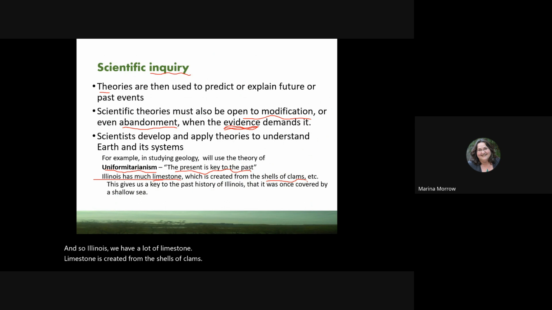So that implies that our planet in this area used to be covered with water, so that there were shell creatures living in it. And so we have limestone now because Illinois used to have a shallow sea. Okay, so the present, the limestone, is the key to the past, the shallow sea that used to exist. Okay, so theories can be used to figure out what's going on around us.